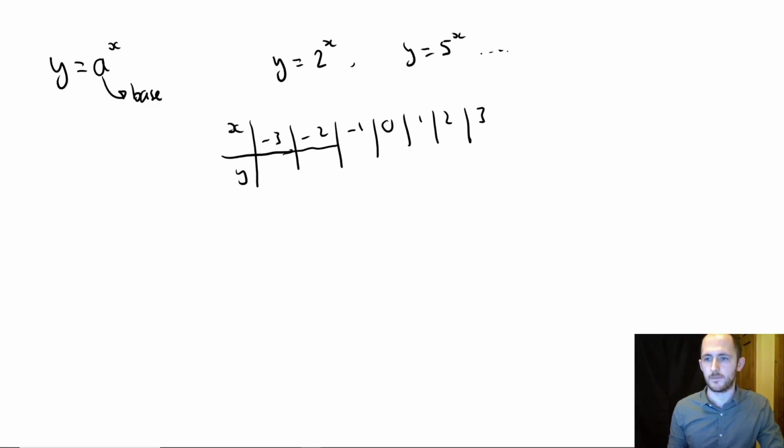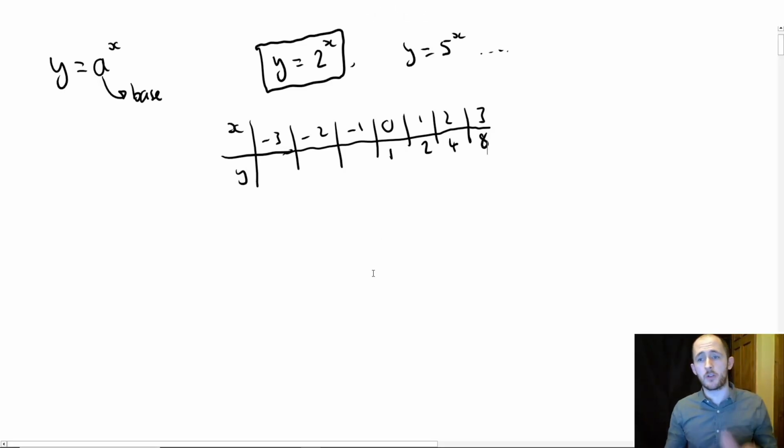Very messy, but then you just fill in the plotting table. Are all of you okay with doing that? You're just replacing x with these numbers. So if this was for y equals 2 to the power of x, 2 to the power of 0 would just be 1, 2 to the power of 1 would be 2, 2 to the power of 2 is 4, 8, and so on, okay?